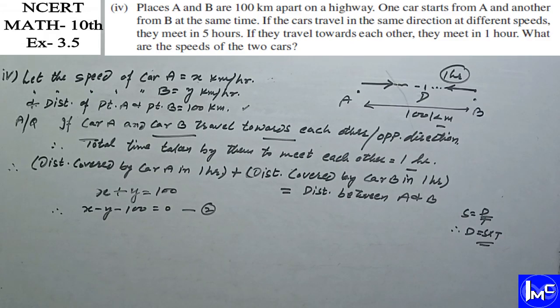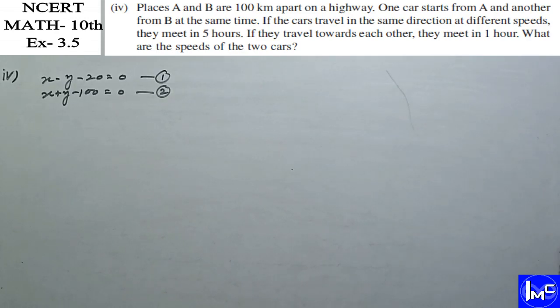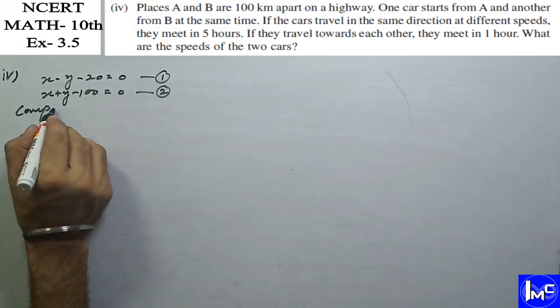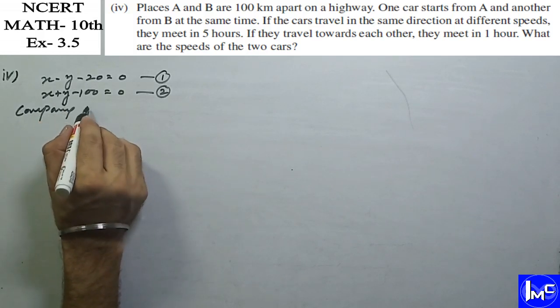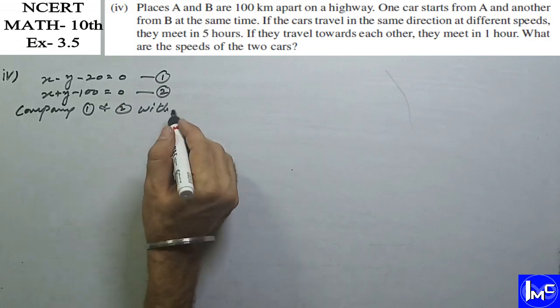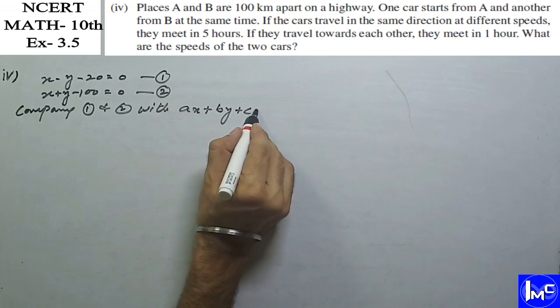Now we will use these two equations to find our required speeds. These are our two equations, and the first step is comparing 1 and 2 with ax plus by plus c is equal to 0.